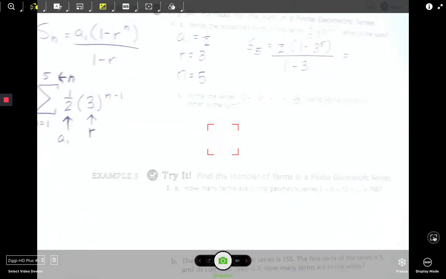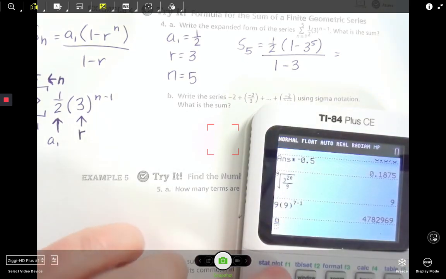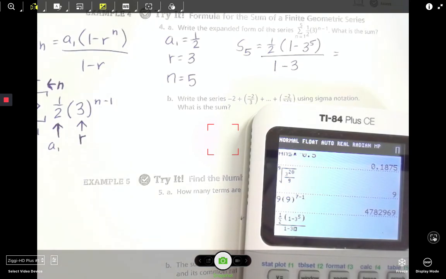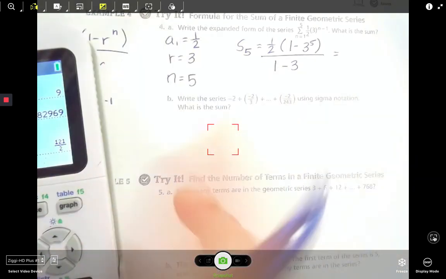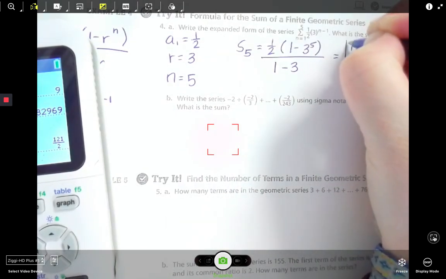So the sum of those 5 terms is 1/2 times 1 minus 3 raised to the 5th over 1 minus 3. And the sum of those 5 terms is 121 over 2.